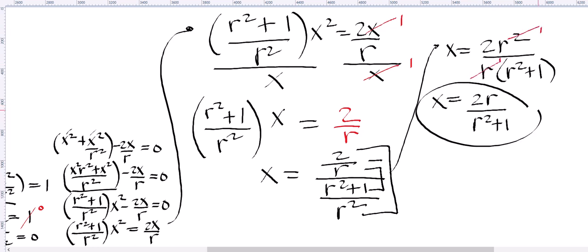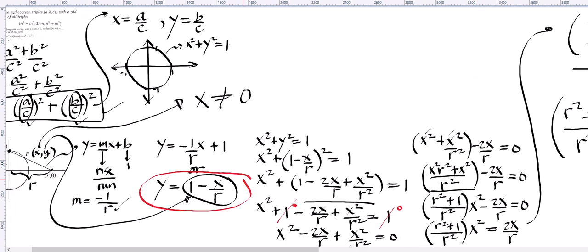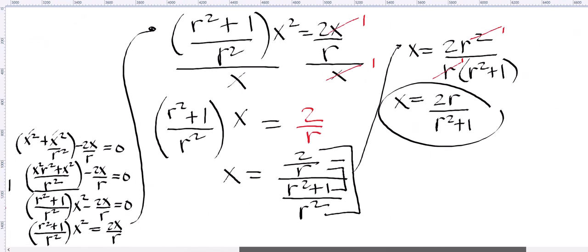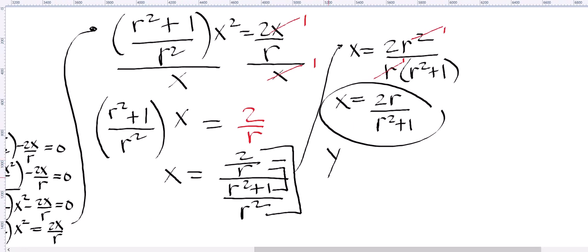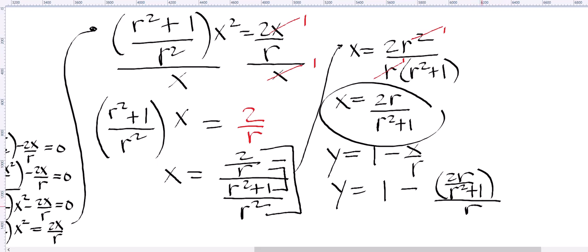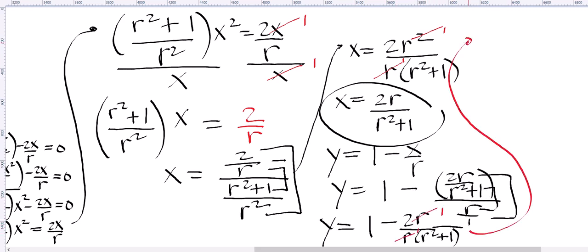Now remember that y is equal to 1 minus x over r. So knowing what the value of x is, we can now have the corresponding value for y. So we know that y is equal to 1 minus x over r, and substituting the value of x here, we have y equals 1 minus the quantity 2r over r squared plus 1, all over r. Simplifying this further, we have y is equal to 1 minus 2 over the whole of r squared plus 1.